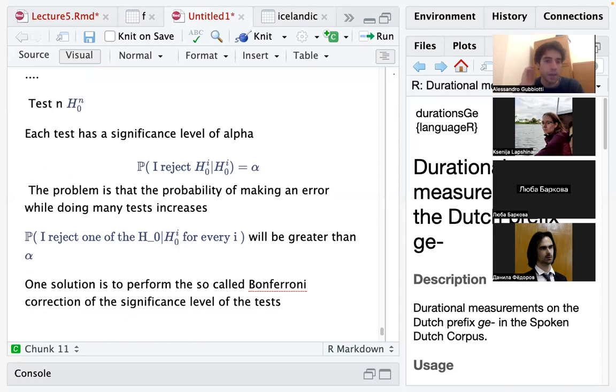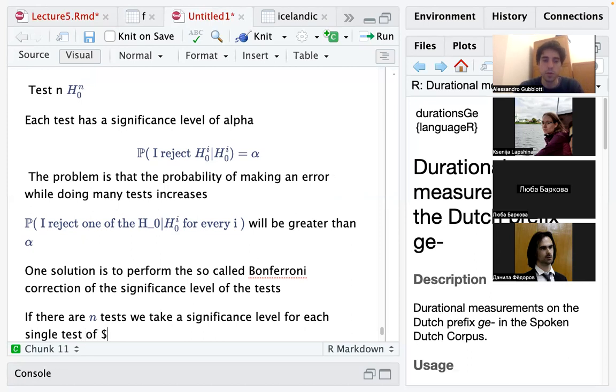So if there are n tests, we take a significance level for each single test of alpha divided by n.